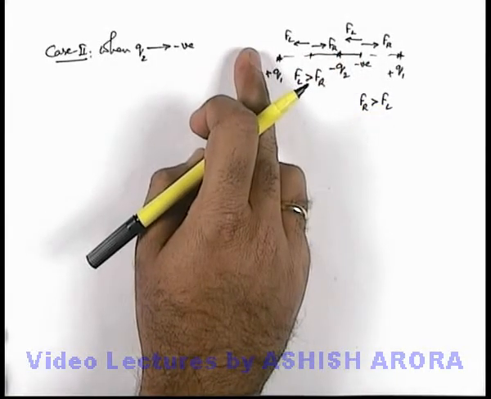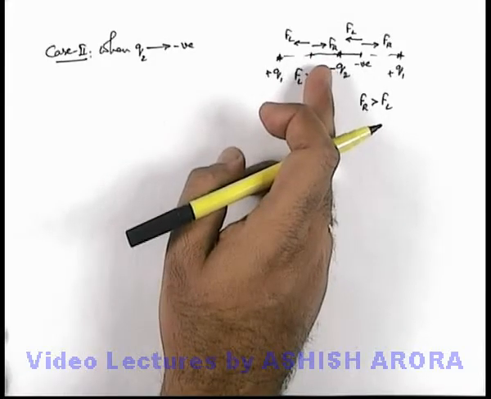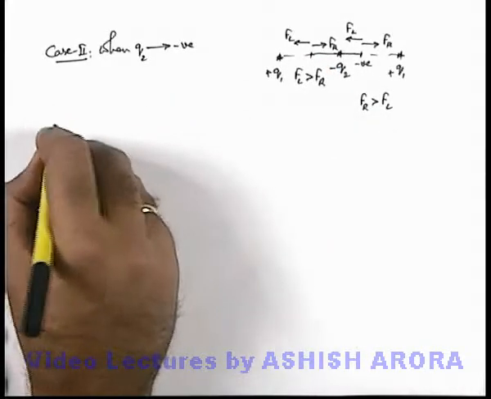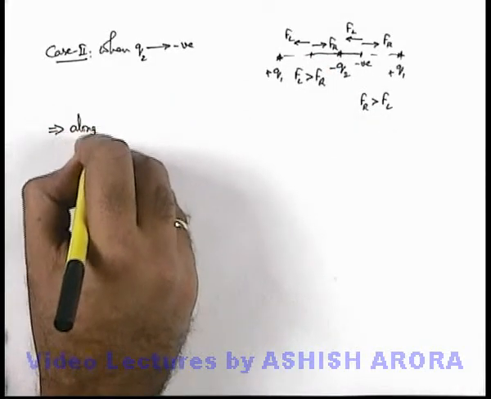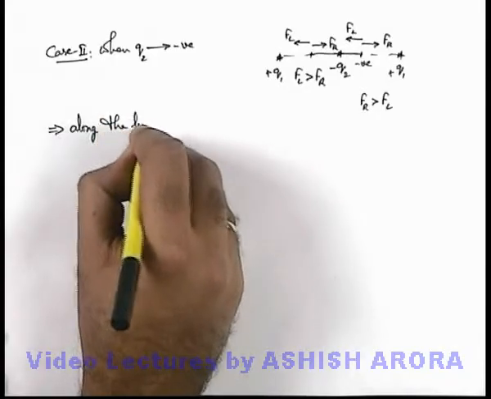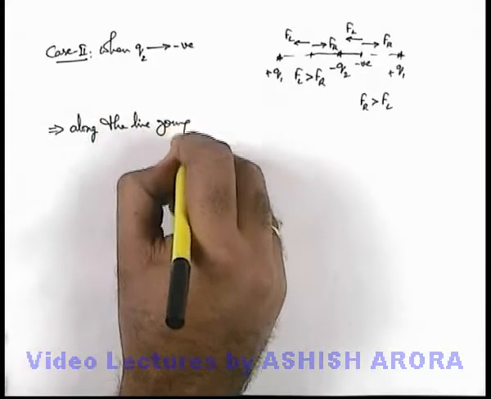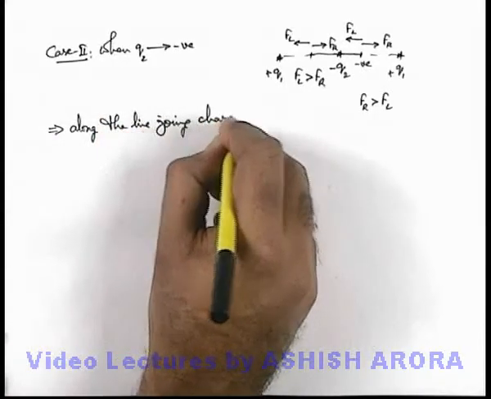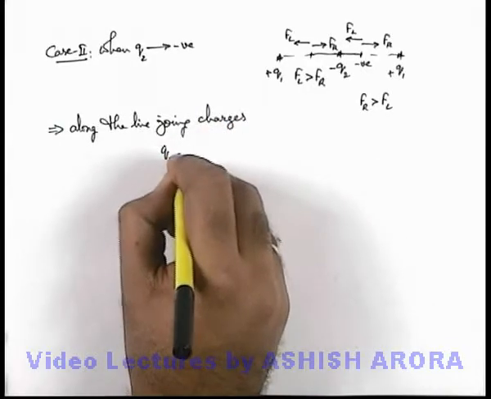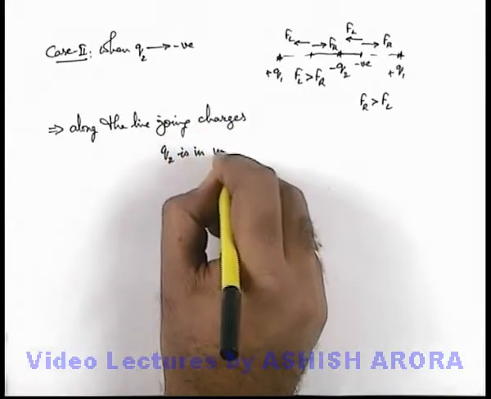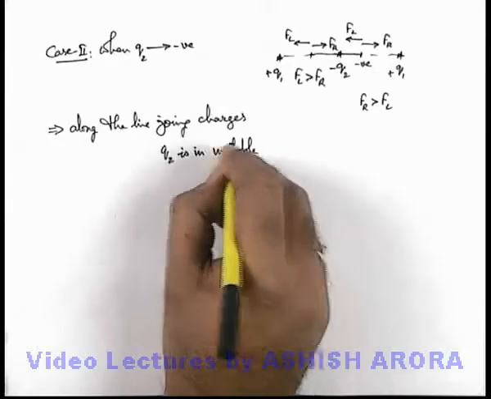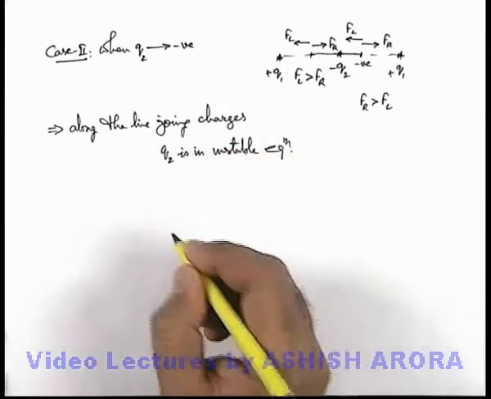Again, Q2 will have a tendency to move away from the equilibrium position. So along the line joining the charges, Q2 is in unstable equilibrium.